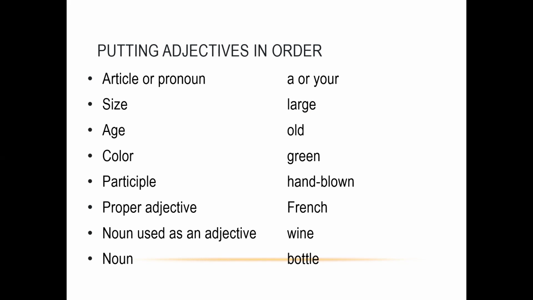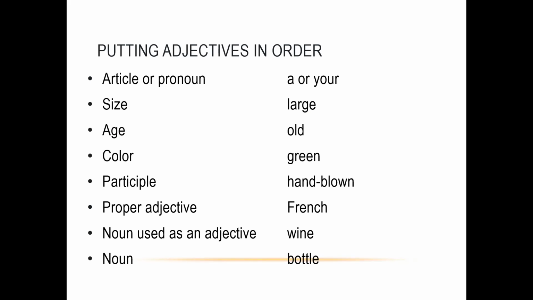However, maganda rin na alam nyo yung tamang pag-order, yung tamang order ng adjectives. So, it says here that you start off with an article or a pronoun, such as the articles a and the. Okay, yun yung articles. And then pronouns are she, he, her, your, ganyan.